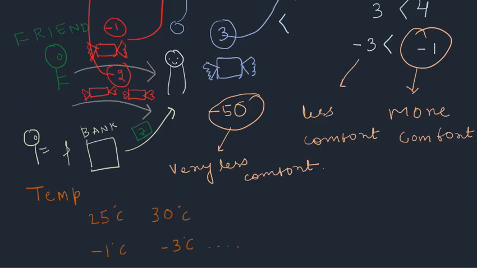A negative number can also be used to indicate the temperature of a place. You might have observed the temperature might be like 25 degrees Celsius, 30 degrees Celsius, but there are also negative temperatures like -1 degree Celsius, -3 degrees Celsius. So negative numbers are used to indicate temperatures too.